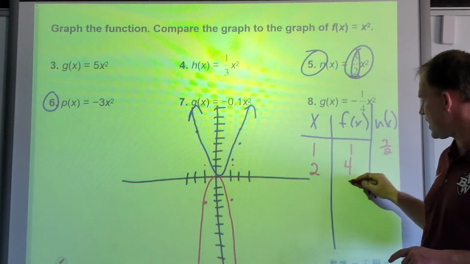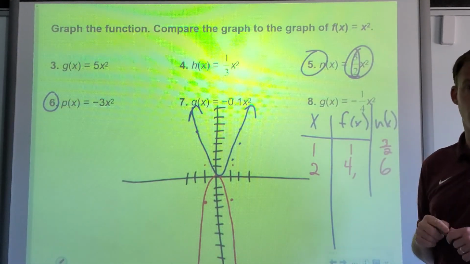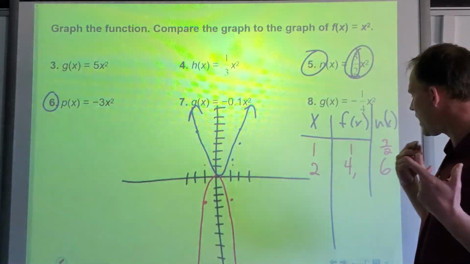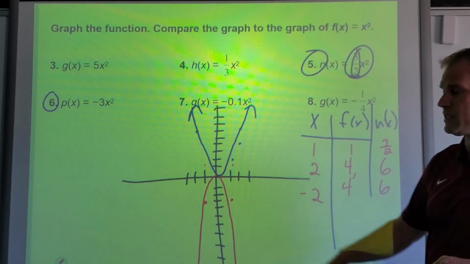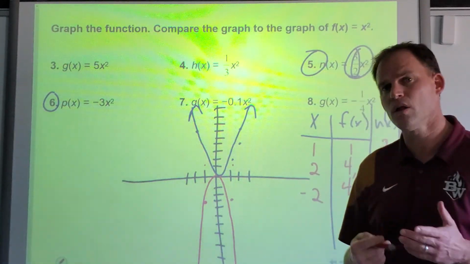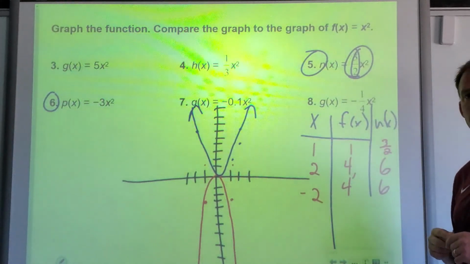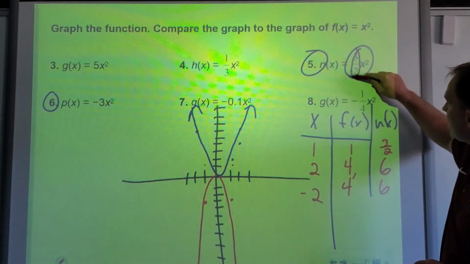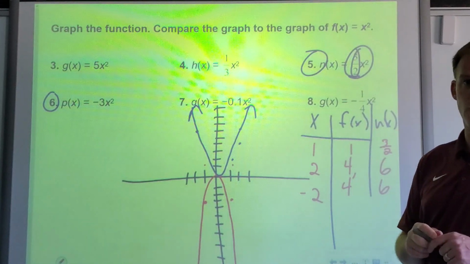So I'm taking this and multiplying by 3 over 2 to get 6. That's all I'm doing, I'm just doing it in my head. Okay? And then I know from symmetry, if I plug in -2, I also get 4, so that's also going to be 6. So that's all I'm doing, is I'm remembering the original that we talked about with the tables, and then just taking it and multiplying it by that number to see how it gets adjusted.